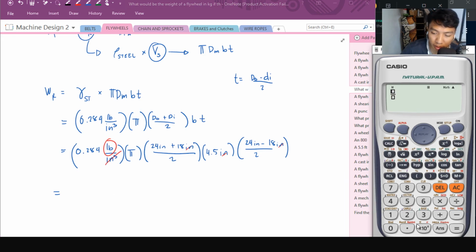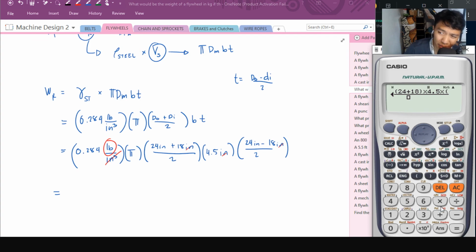So, that is 0.284 multiplied by pi times 24 plus 18, that is 42, divided by 2, that is 21, multiplied by 4.5 multiplied by 24 minus 18, that is 6.